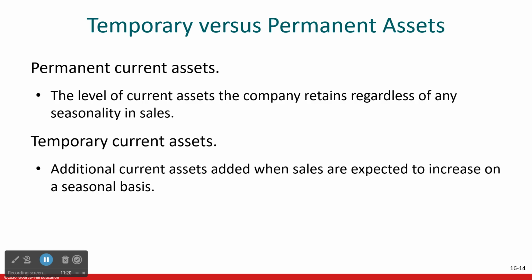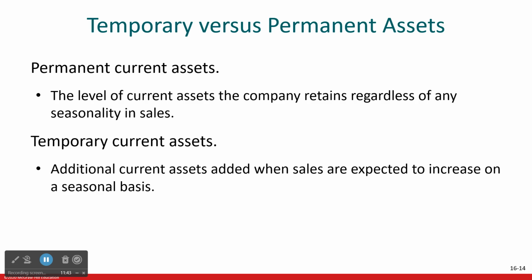Also, we want to be aware of the type of assets that we have. So what are the differences between permanent current assets and temporary current assets? The permanent is the level of current assets regardless of seasonality of sales. So it's the average level of inventory, the average level of accounts receivable.